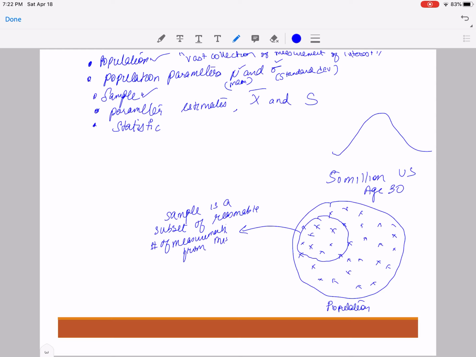So for example, I can create a sample of size 1000, meaning I can pull weights of 1000 individuals and I can collect it from across the United States.